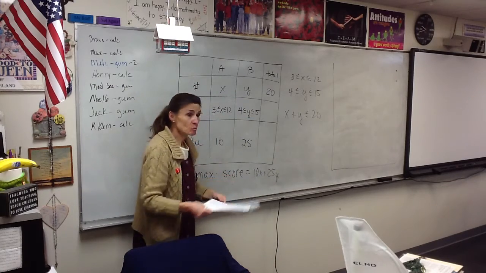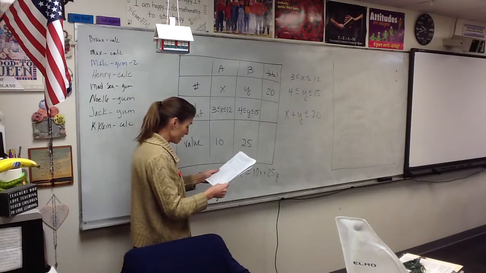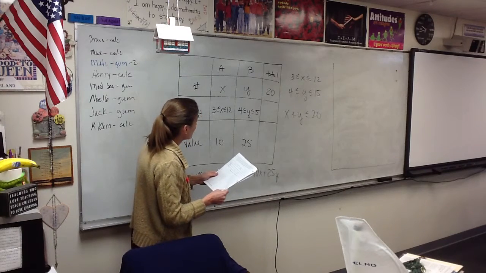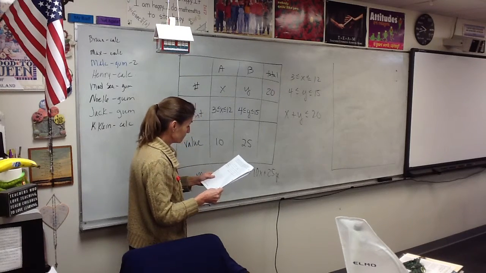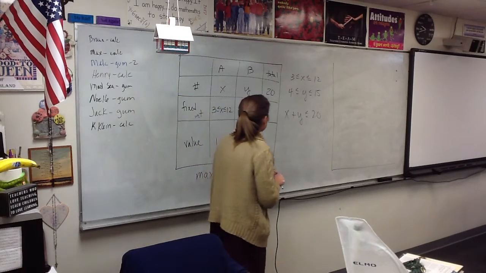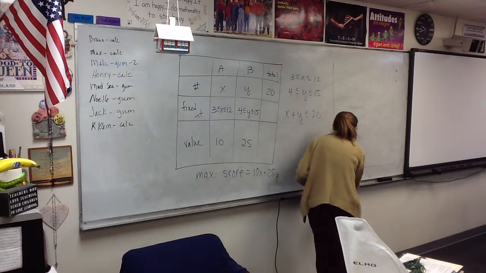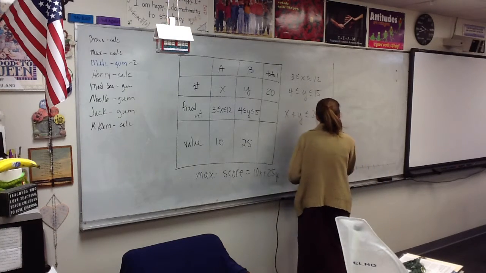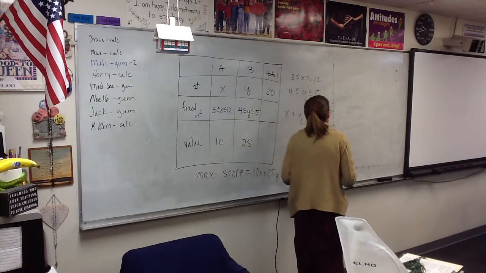Okay, now I guess we're ready to graph. Let's see, looking at the numbers, maybe we should let our things be 2s. All right, so we're going to have them be 2s. So here we go.